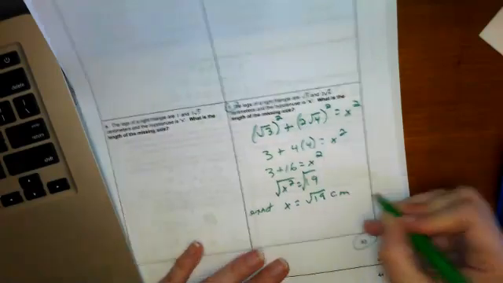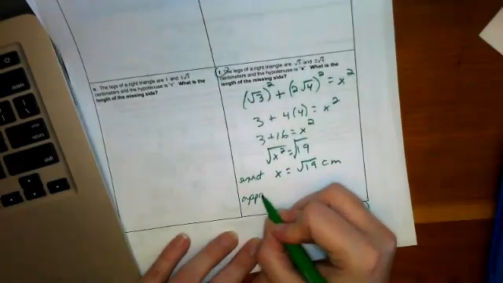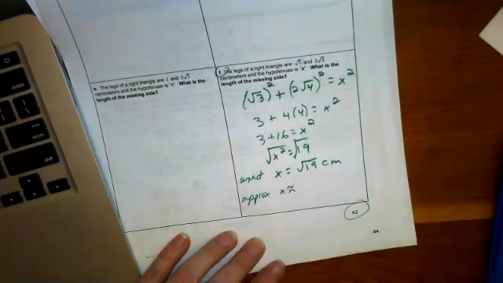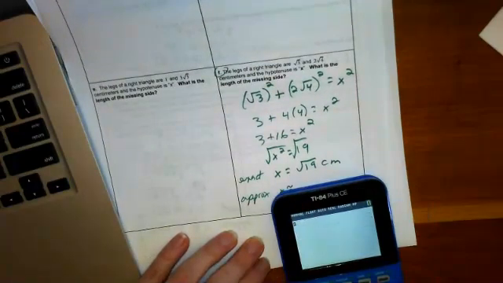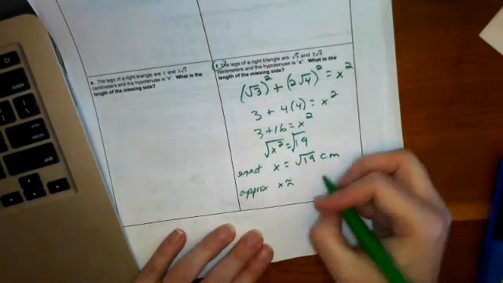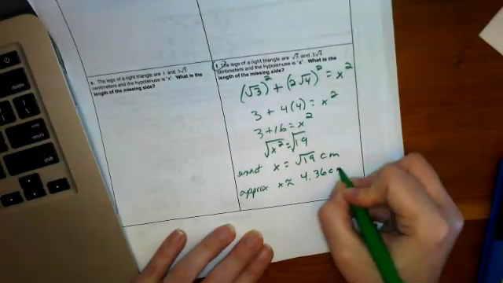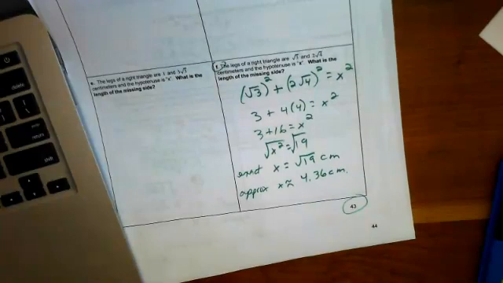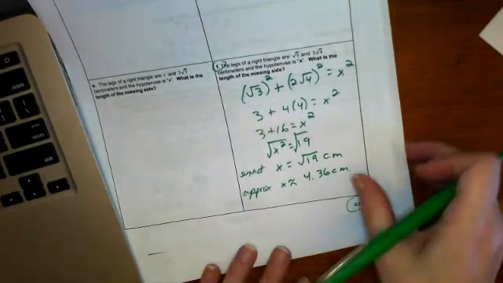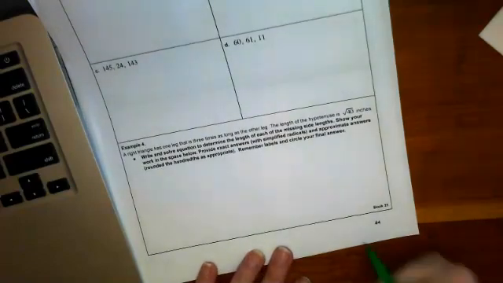Centimeters. So there's centimeters. And my approx, if I put that in my calculator, root 19 is going to give me 4.36. So 4.36 centimeters. Okay? Hopefully this is all review. We're just throwing in radicals now. We're going to move on to page 44.